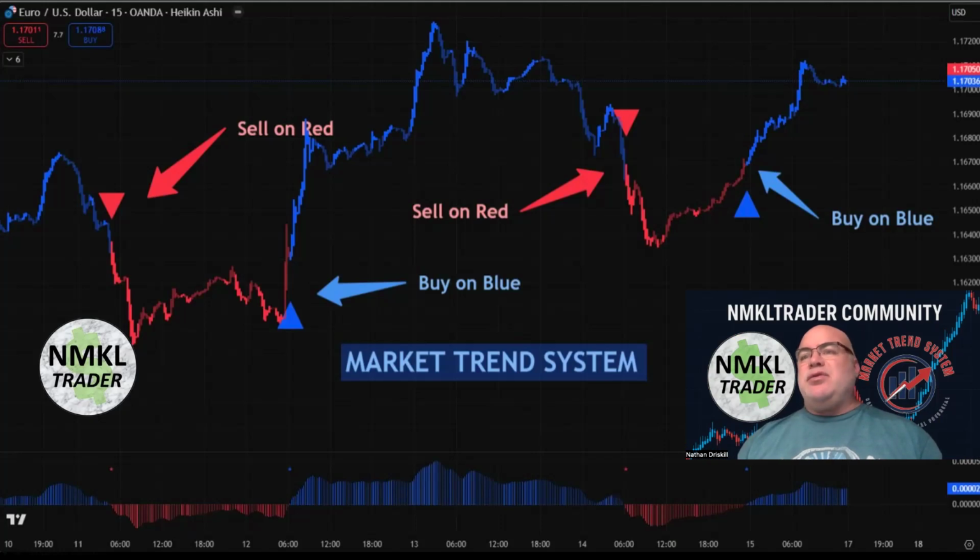Because now all you have to do is make sure that the macro trend or the market trend system histogram agrees. Just one of the two, not the micro. Don't worry about it for this larger time frame. We're going to use the macro trend.